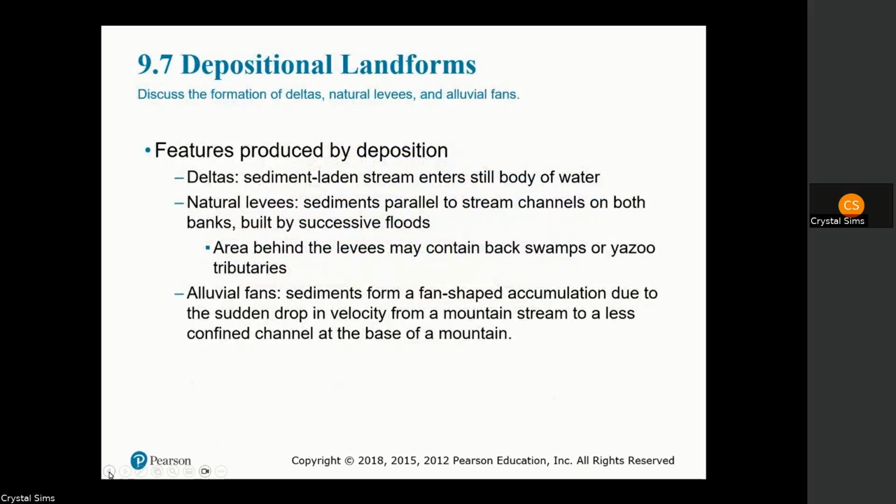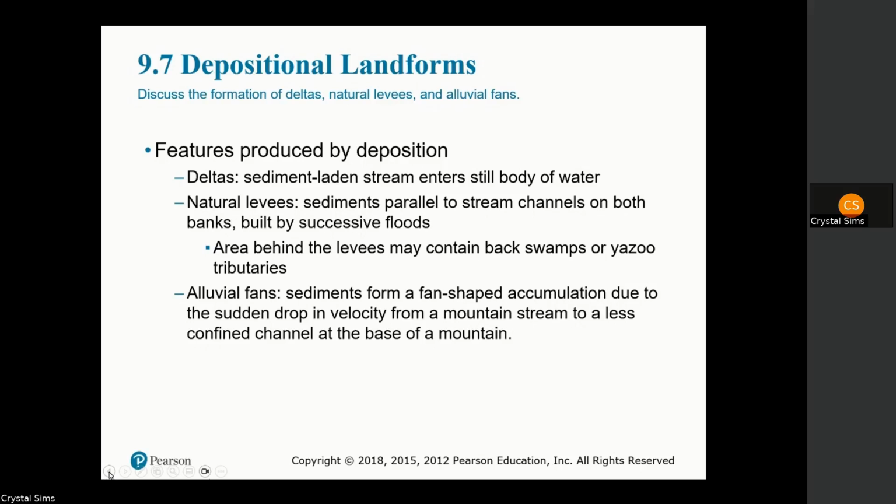Now we can also have natural levees. Natural levees can occur as the sediments start to drop out on both sides of the bank. And behind those natural levees, we can get what are called back swamps or Yazoo territories. As these levees build up, it blocks off the flow of tributaries to the mainstream channel.